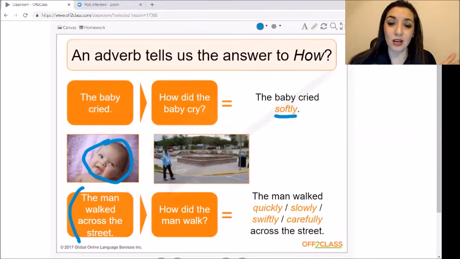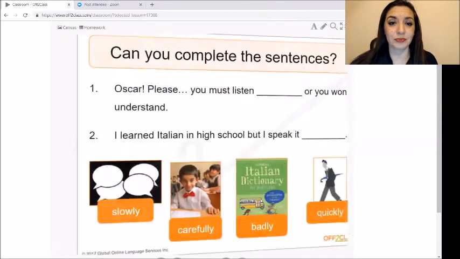How did the man walk? Well, the man walked, you can say slowly, across the street. I can't tell, but there's a lot of different adverbs here you can use. So again, adverbs tell us the answer to how a verb or action is done.